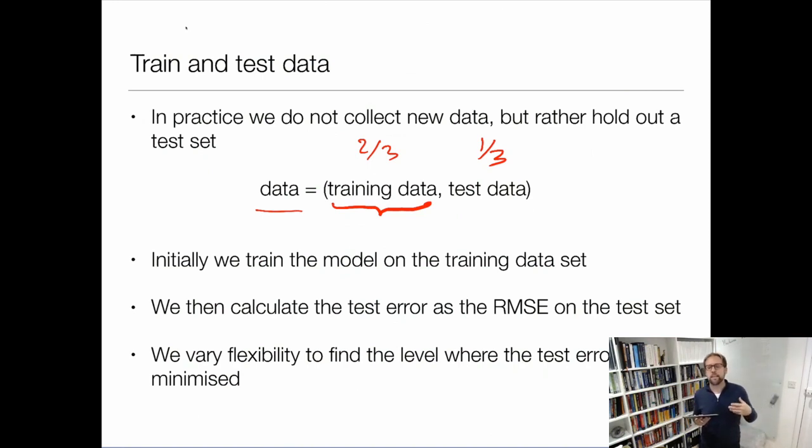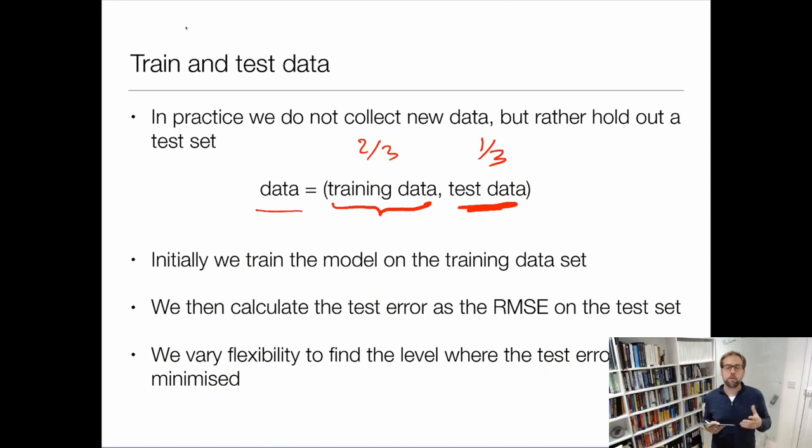Rather than looking at some statistical error such as R squared, what I'm really after is the error on the test data set, which is supposed to be a new data set which hasn't been seen by the training procedure. And this is something which often you can get wrong.